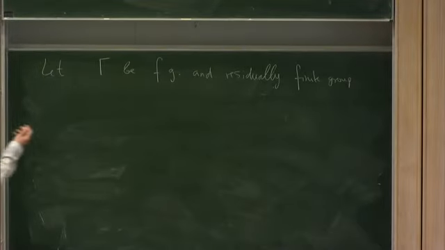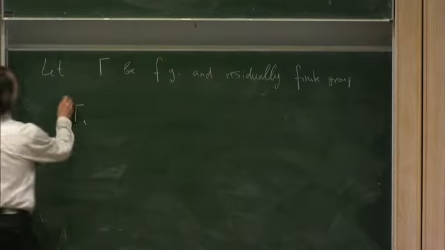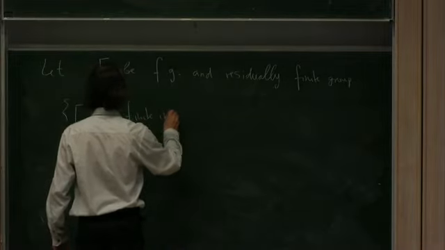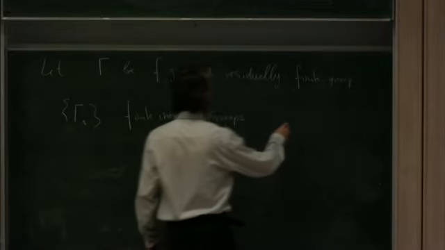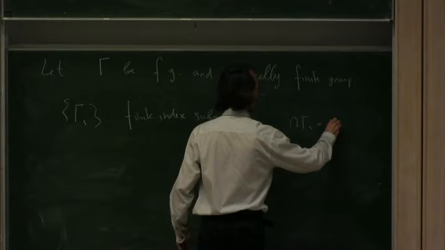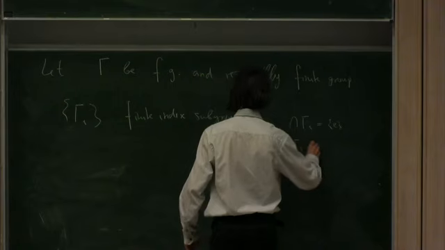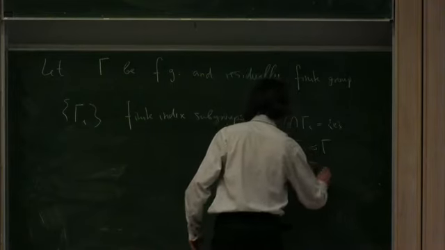So what is the obvious thing we can do? We can take a collection of finite index subgroups, and we can insist that they have trivial intersections, and we can assume that they are normal, and we can assume that they're ordered.